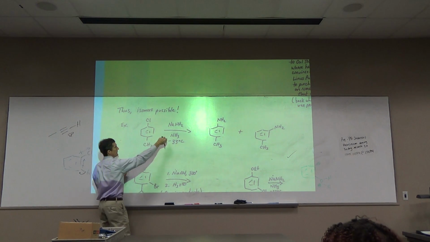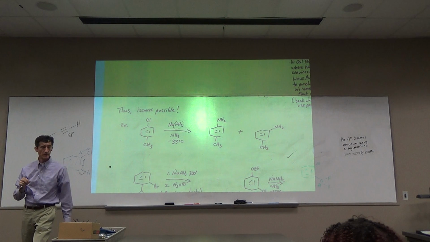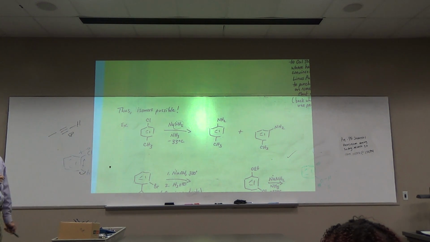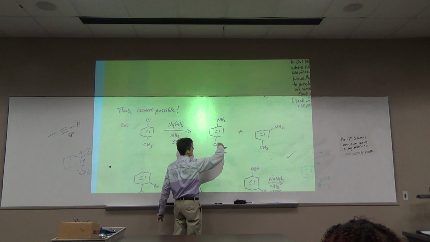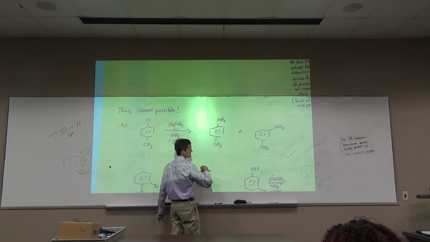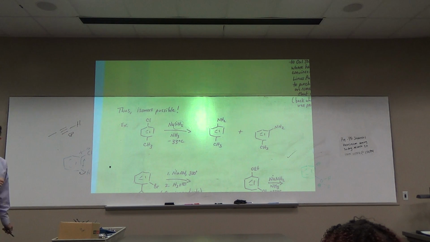One of them, the nucleophile has directly displaced the chlorine. The other one, somehow the nucleophile is next door. And these are two different products. What is this? Two common names. 4-methylaniline? Or 3-methylaniline? How do you get two different products here?